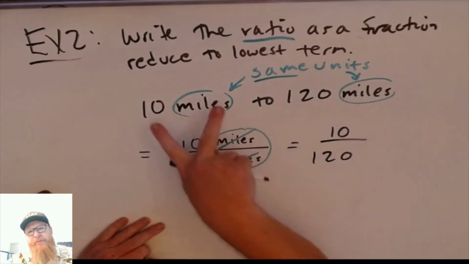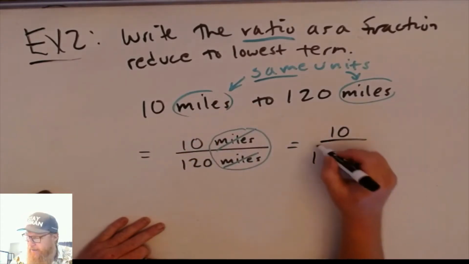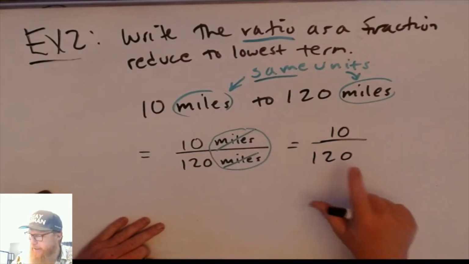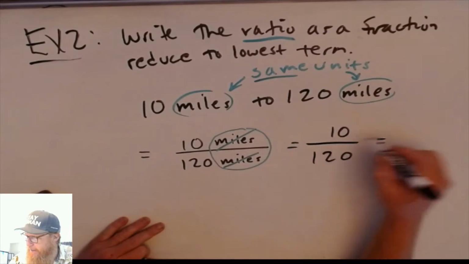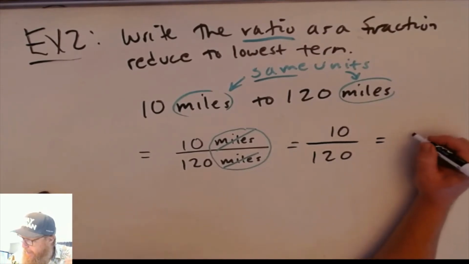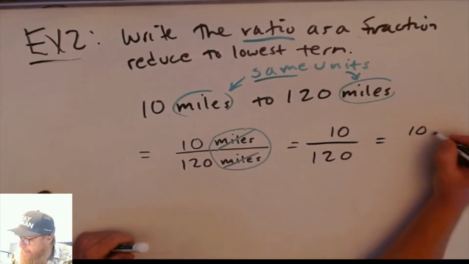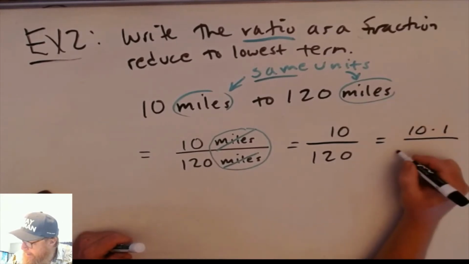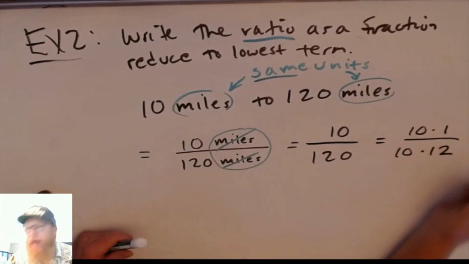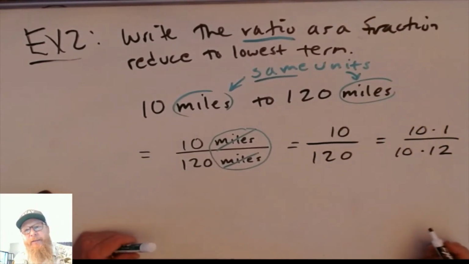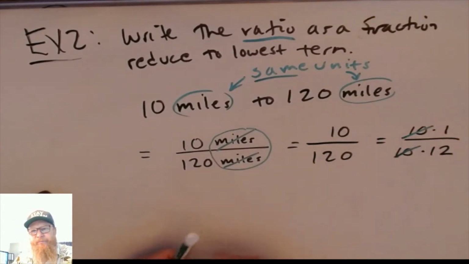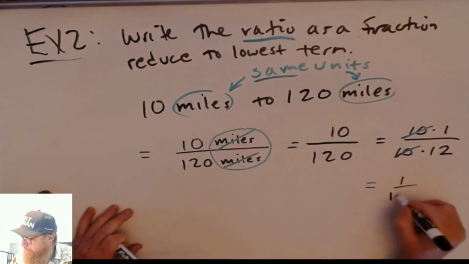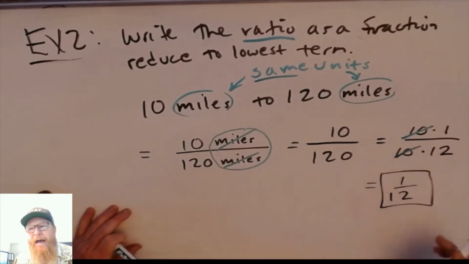All right, and now you have to simplify this. So we got 10 times 1 and then 10 times 12. And then cancel out the 10s. And so you get 1/12, or 1 out of 12.